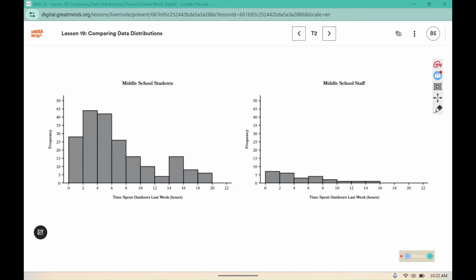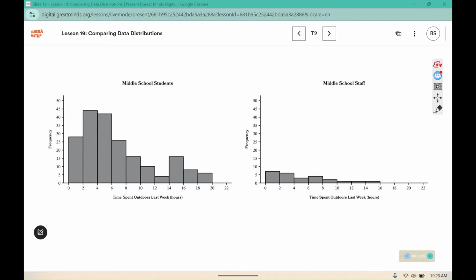If we were asked the statistical question, who typically spent more time outdoors last week, a middle school student or a middle school staff member, can we tell which group typically spent more time? Well, it's hard to tell because this one is taller because there were more students than staff members.